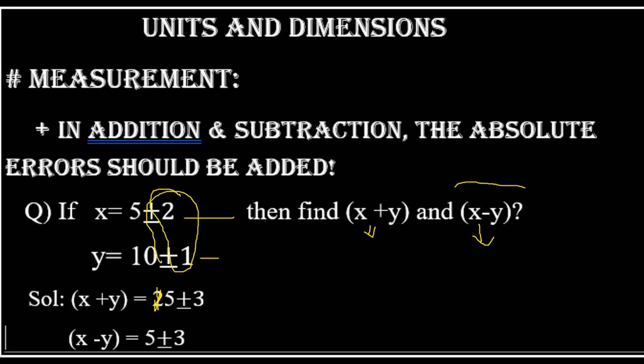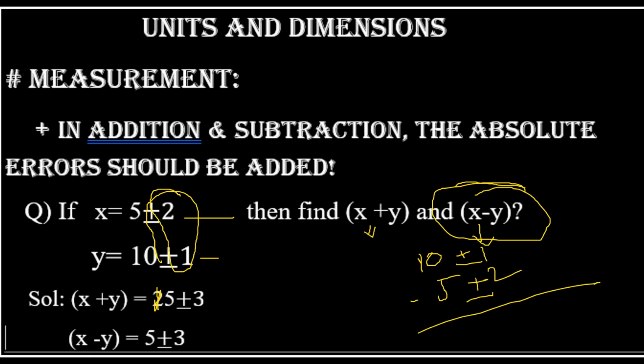You will all commonly make a major mistake here, in x minus y. You will simply subtract on both sides. If you subtract 10 plus or minus 1 from 5 plus or minus 2, many will find 5 here, keep the plus or minus as it is, and again write minus 1.